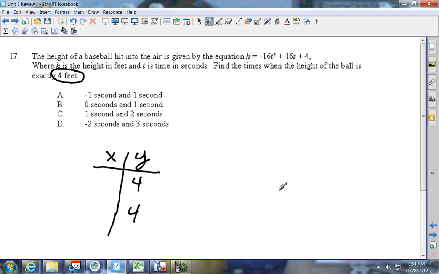Because the ball goes up and then it comes down. You're trying to find where that ball crosses 4 feet. See, this is the time in seconds, and this is the height in feet, right? Feet, yes.